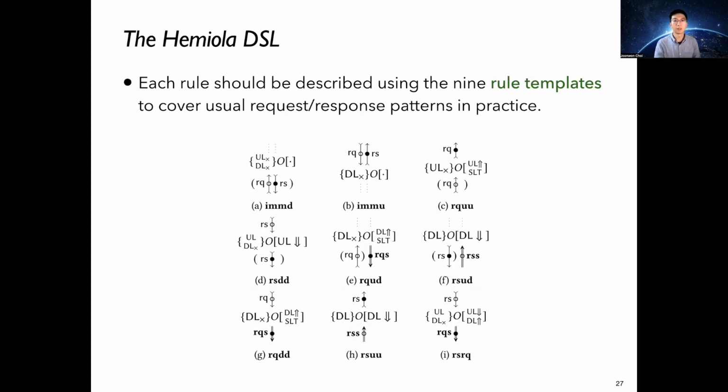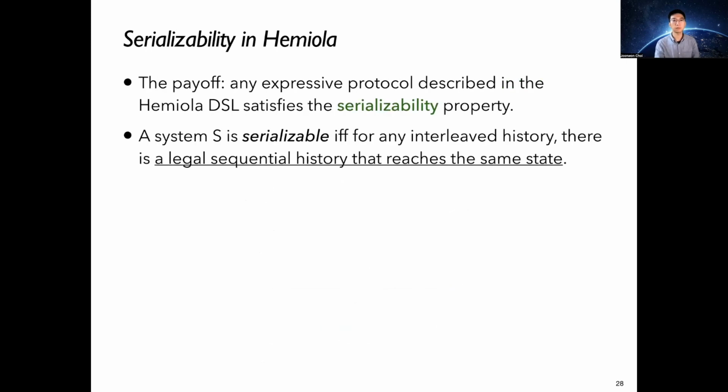The Hemiola DSL enforces a user to use the rule templates for every rule description. The templates are designed very carefully to cover practical request and response patterns. What is the benefit of using such rule templates?